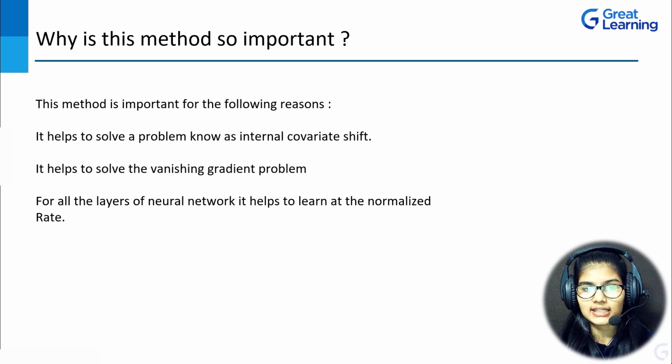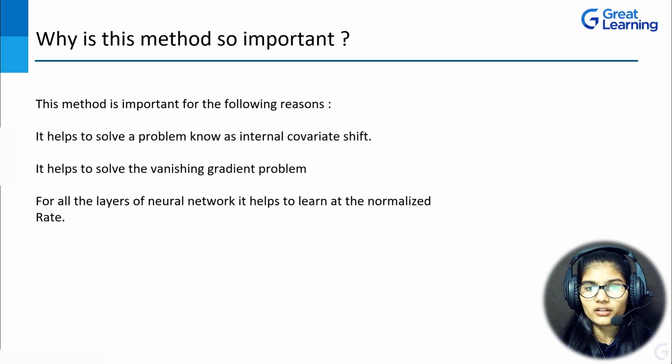And the third one is that for all the layers of the neural networks, it helps you to learn at the normalized rate. Fine. It helps you to solve these important problems caused during the training of deep neural networks.